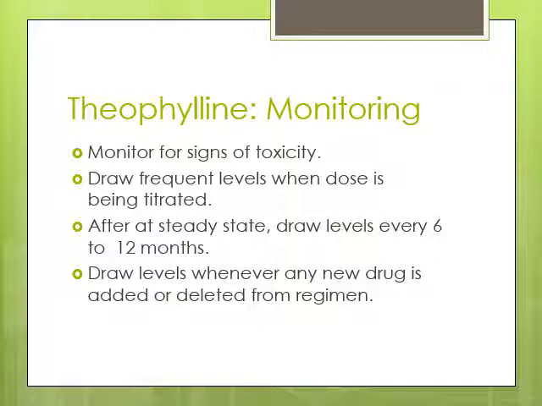You also draw frequent levels when the dose is being titrated, because when you're trying to get them to that therapeutic dose, you want more control. After a steady state has been achieved, you draw levels every 6 to 12 months. You also draw levels whenever a new medication is added or deleted from the regimen. If all else fails, just draw a level just to make sure. Be very careful with these, and if you've got a question, just draw a level.